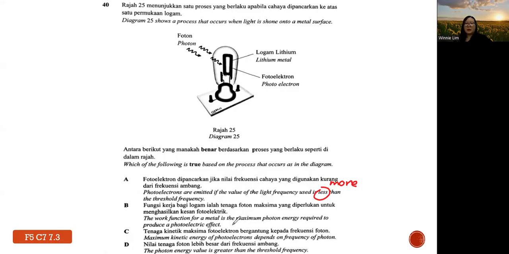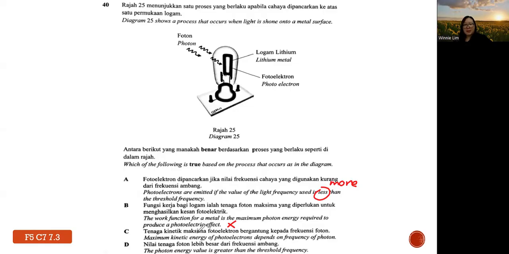Also not correct. The work function of a metal is a minimum. It is quite similar to the threshold frequency, but you need the minimum energy for the light to cause the photoelectric effect.